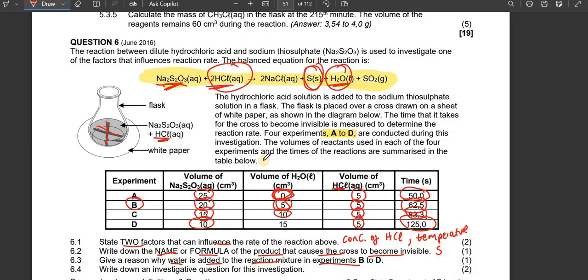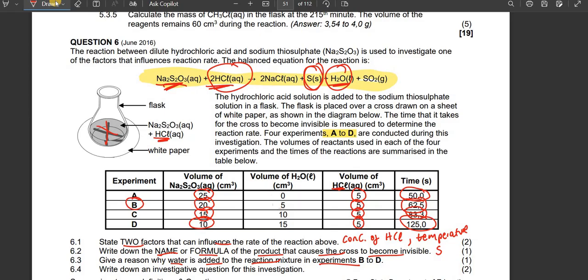Yeah, but why are we adding water? Why would you add water there? Oh, guys, is there anyone who can see why they're adding water?